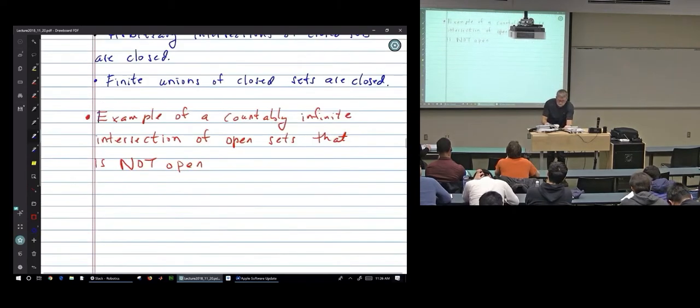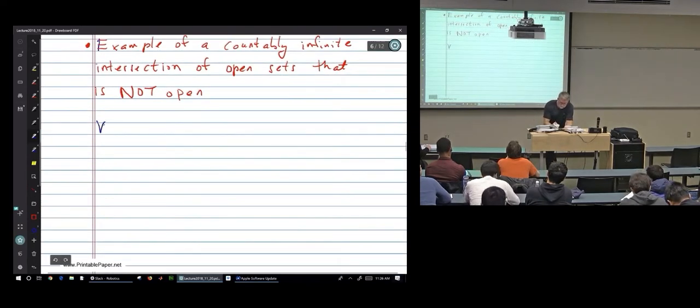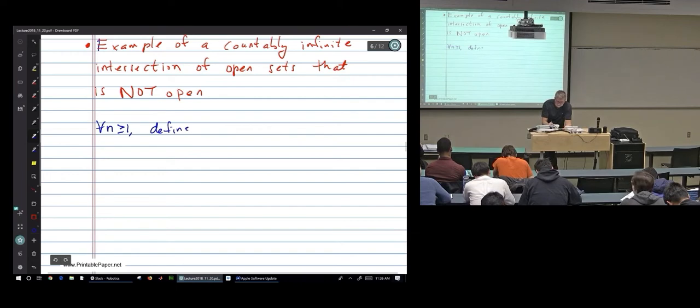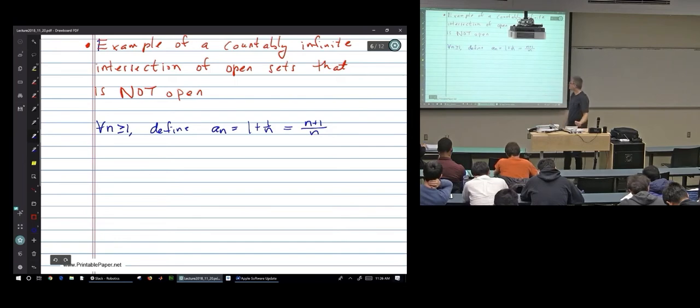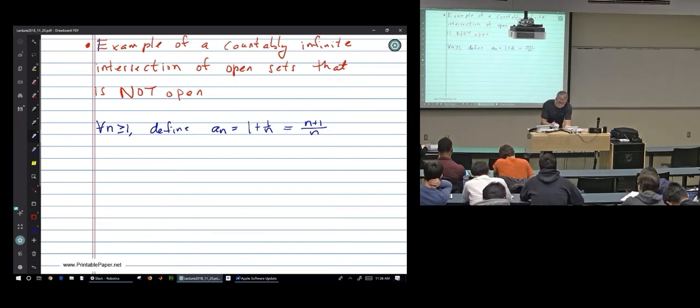Okay, so here's how we do it. For every n greater than or equal to 1, define a_n equals 1 plus 1 over n. Just for the record, we'll write that as (n+1)/n. Guess what?